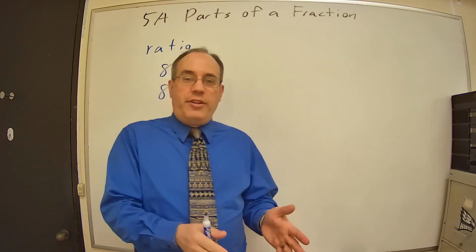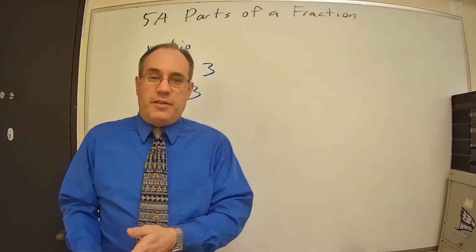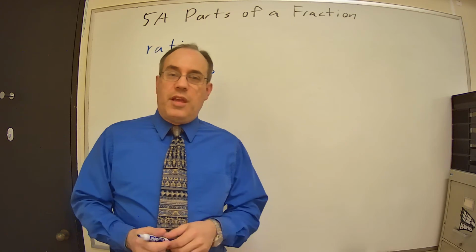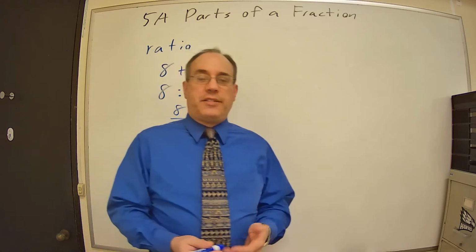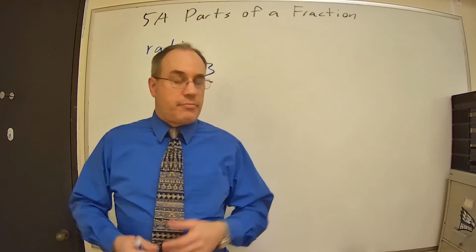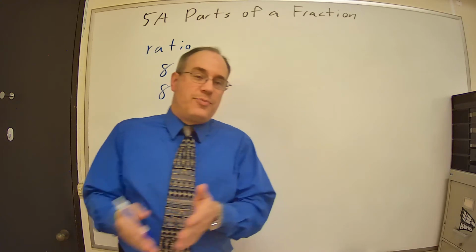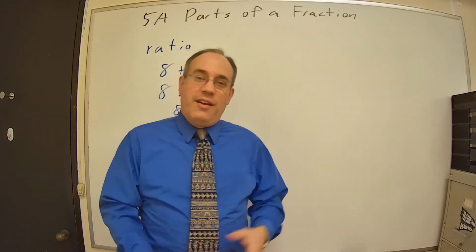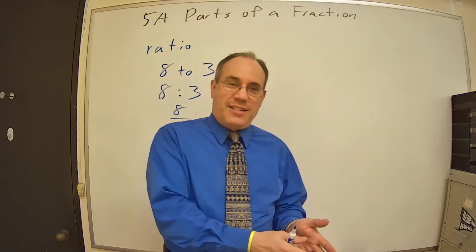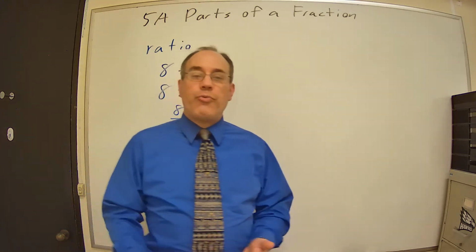It's just a ratio. If you have to mix gas and oil to run a 2-cycle engine, same thing. This many parts gasoline to this many parts oil, 40 to 1. 40 parts gasoline, 1 part oil. It's just a ratio, a comparison.